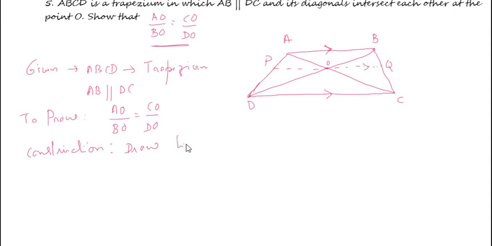Draw line PQ parallel to AB and DC through O. Now in triangle ADC, PO is parallel to DC.